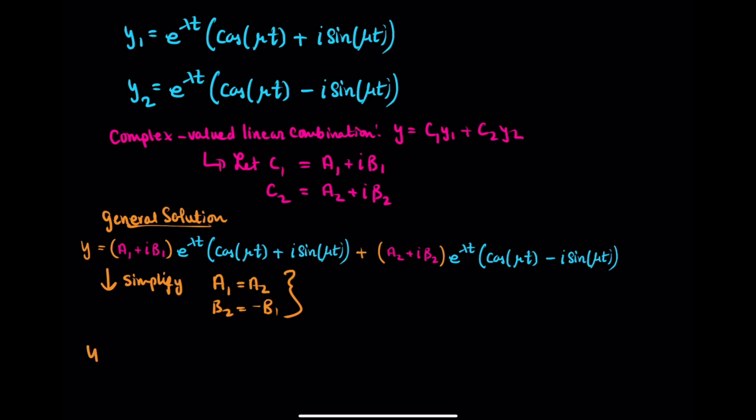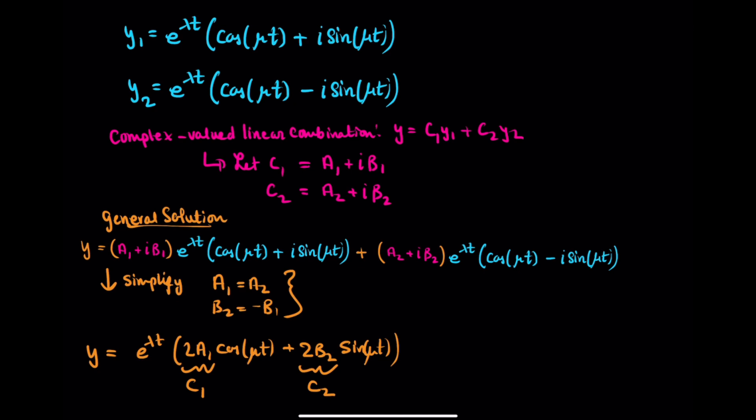Eventually, you will come down to e to the lambda t times 2a1 cosine mu t plus 2b2 sine mu t, right? And then we can say that 2a1 can equal c1 and 2b2 can equal c2.